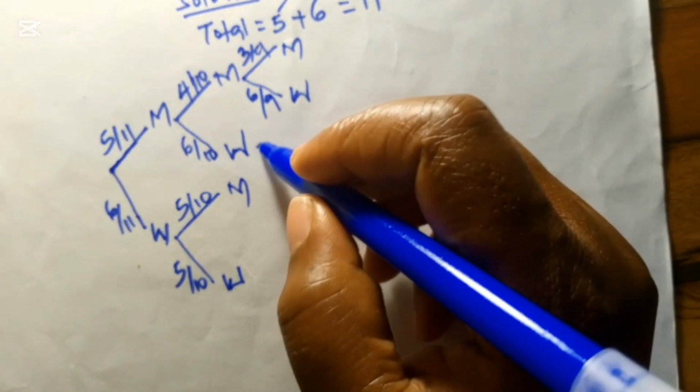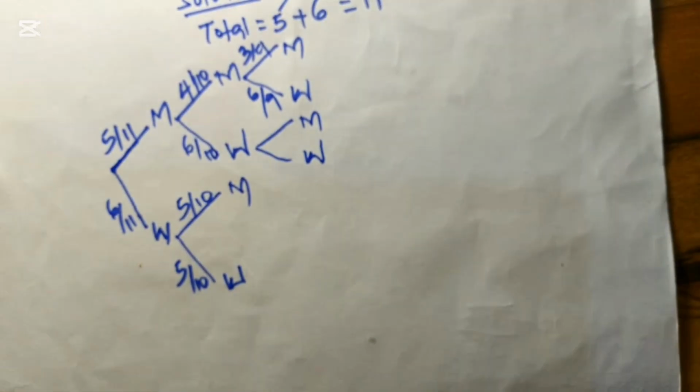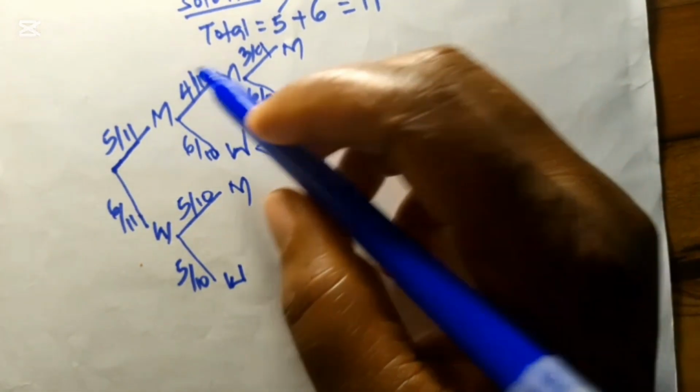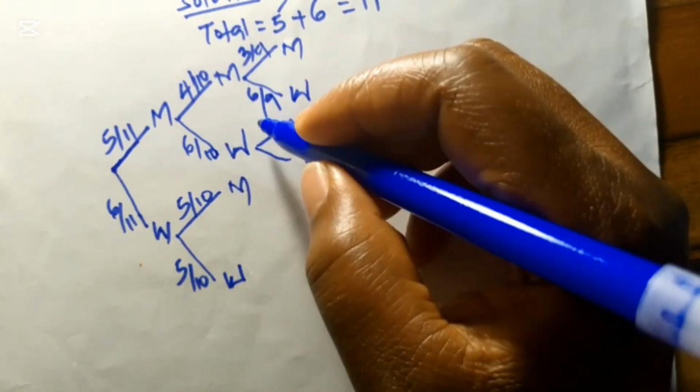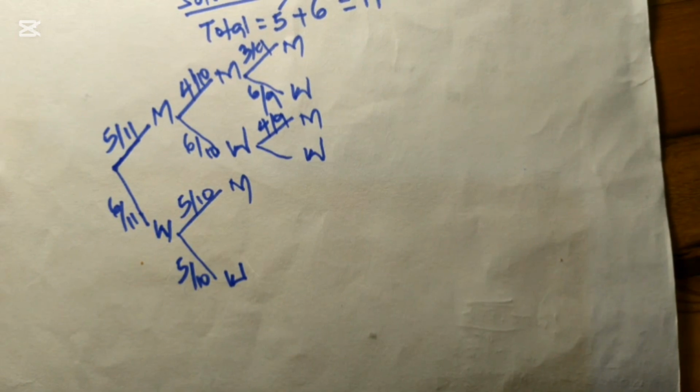Then now, in this case, we'll have a man and a woman. So, in this case, no man is picked. So, from the second case, the men were 4. So, out of 9.